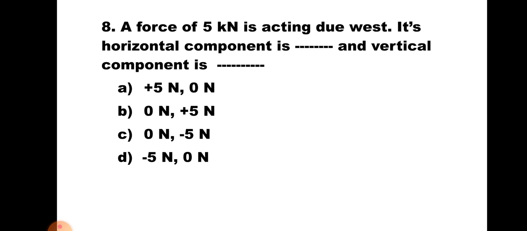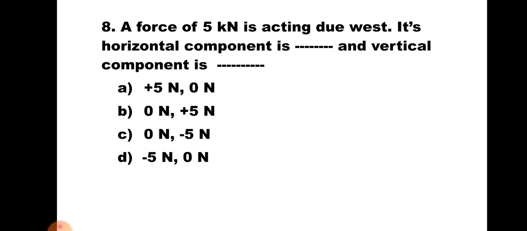Question number 8. A force of 5 kilonewton is acting due west. Its horizontal component is dash dash dash and vertical component is dash dash dash. A, plus 5 Newton, 0 Newton. B, 0 Newton, plus 5 Newton. C, 0 Newton, minus 5 Newton. And D, minus 5 Newton, 0 Newton.